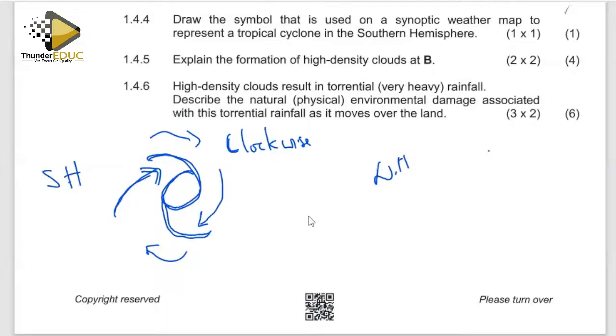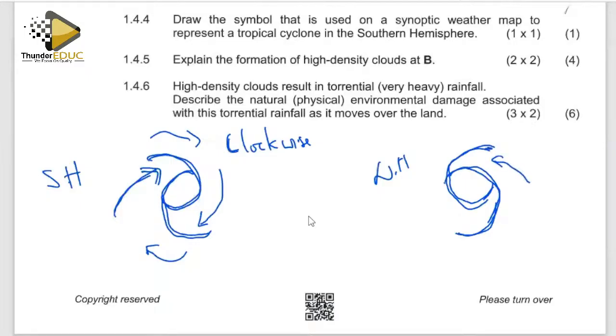Then in the northern hemisphere it is the opposite. The weather system is indicated like this and like that, also implying that this system is a rotor system which is rotating in this direction.